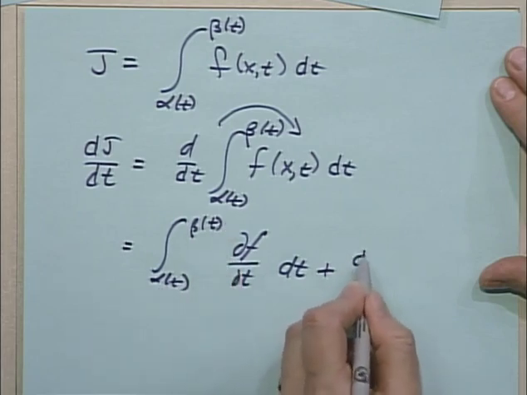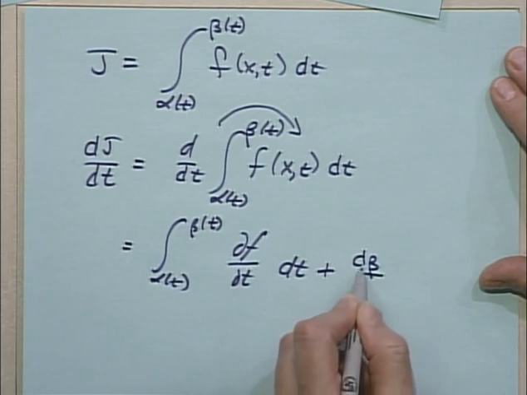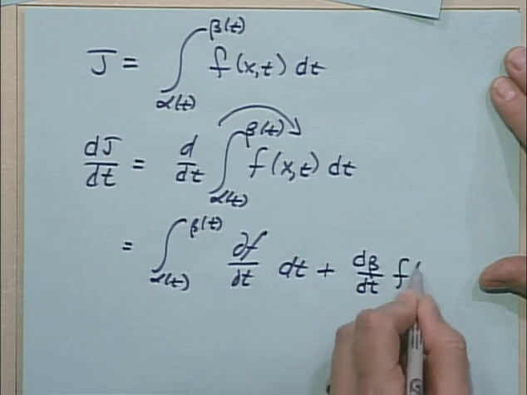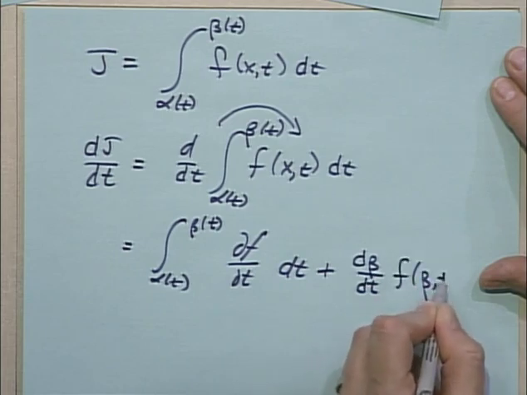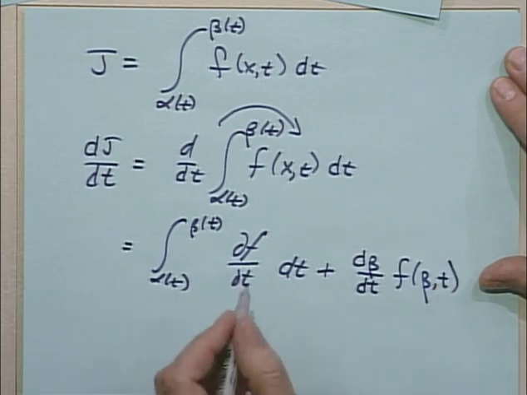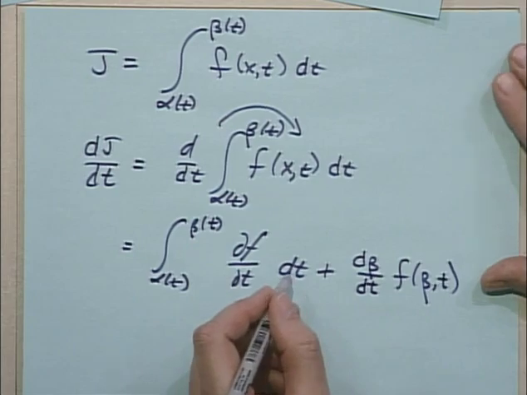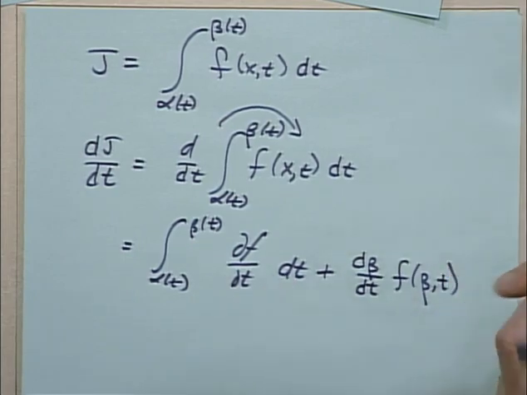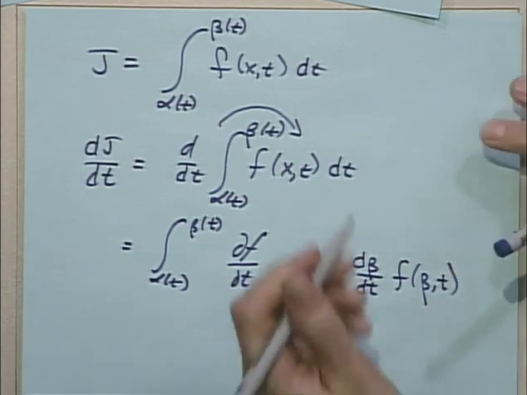So plus the rate of change of the upper term. So these are total derivatives because beta is only a function of time. The total derivative times the upper function evaluated at that limit. Okay, this is for beta, excuse me, I've had a typo here. I've been writing integral over t, and it should be over x.